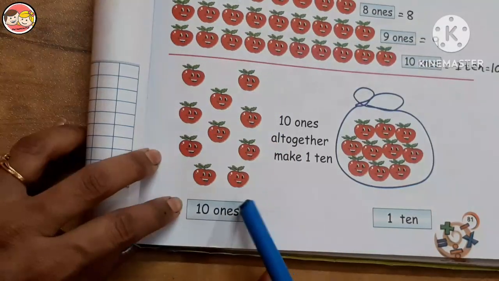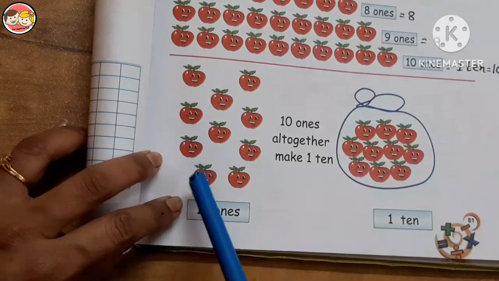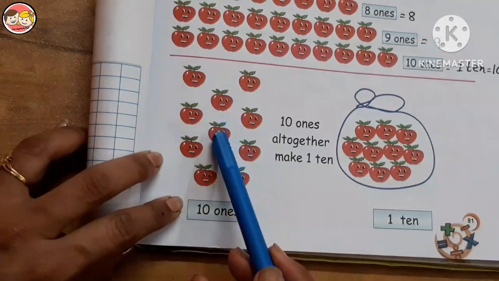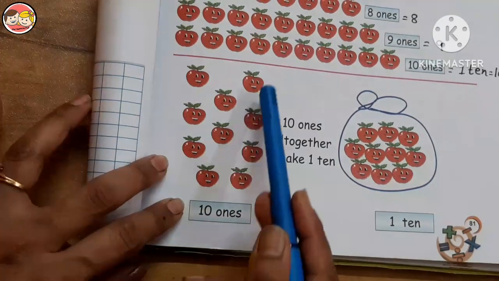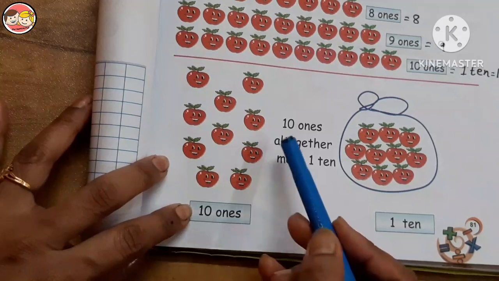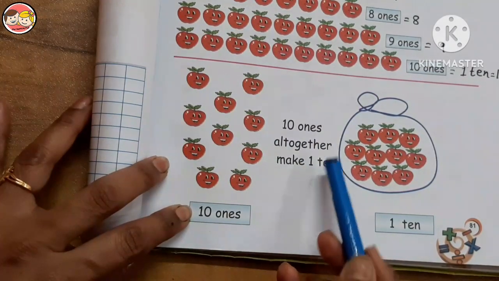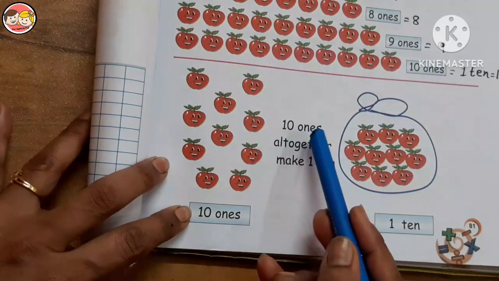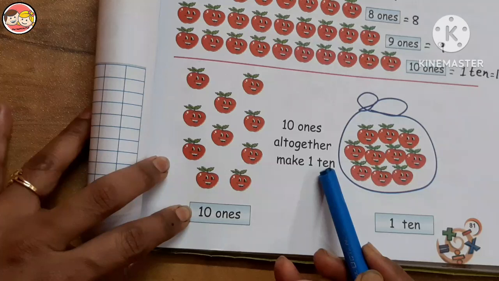There are 10 apples. Let's count. 1, 2, 3, 4, 5, 6, 7, 8, 9, 10. So 10 apples means 10 ones. It's very important: 10 ones all together make 1 ten.